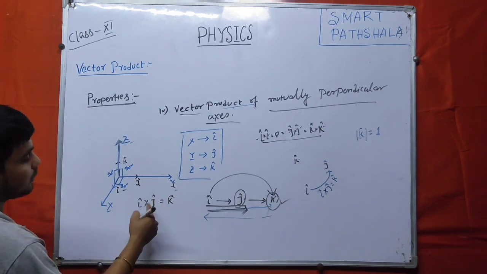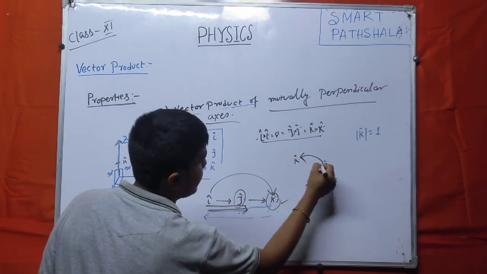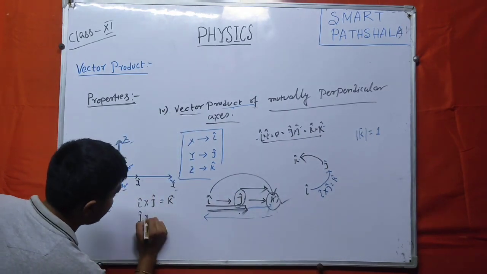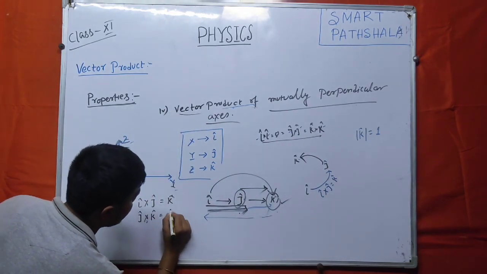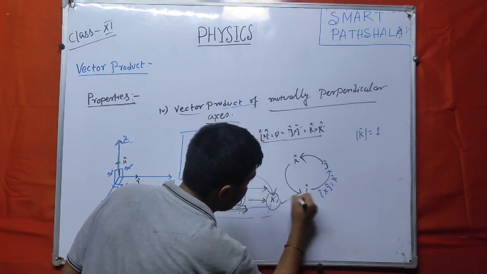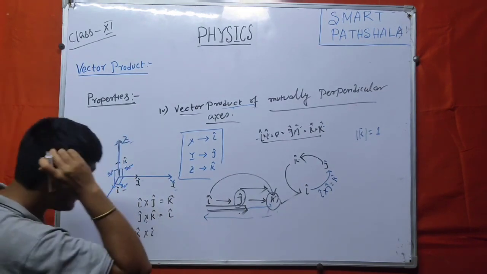I cap cross j cap equals k cap. Similarly, j cap cross k cap is equal to i cap. Again you see that k cap cross i cap is also possible.